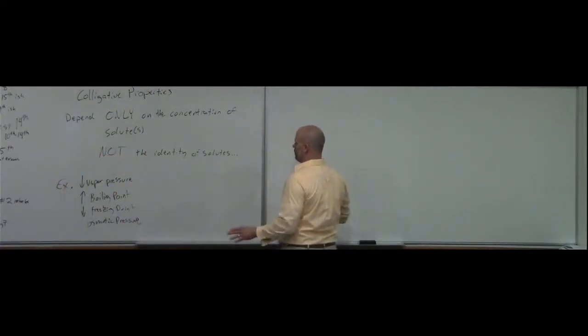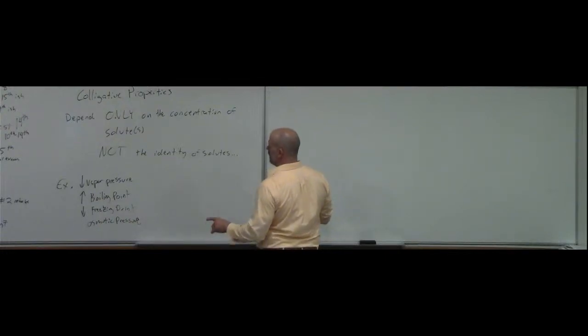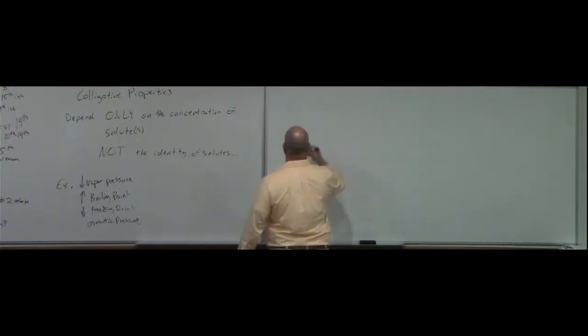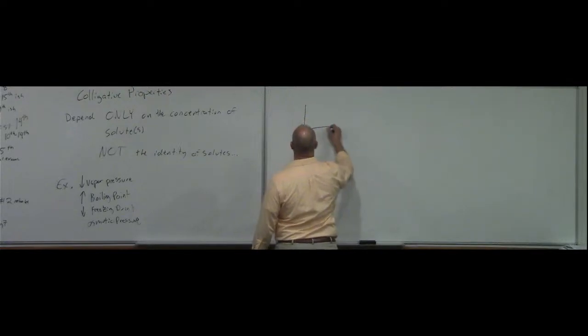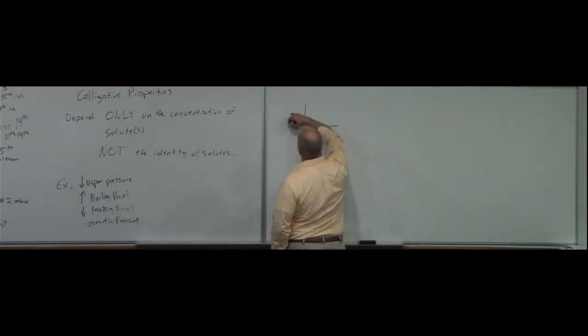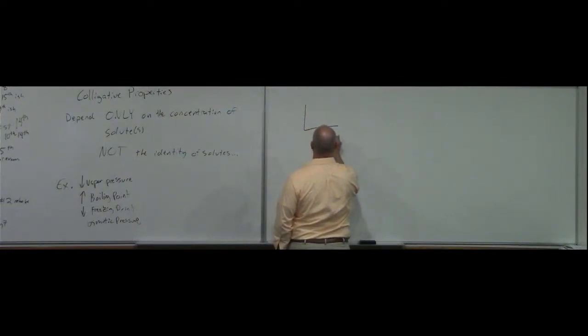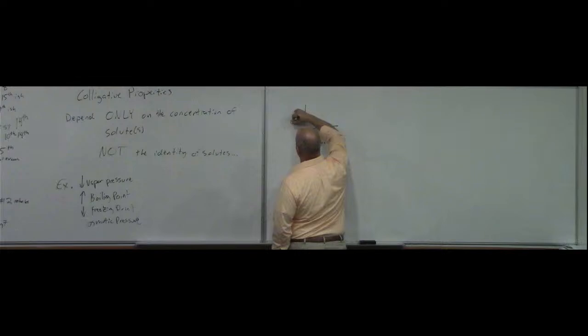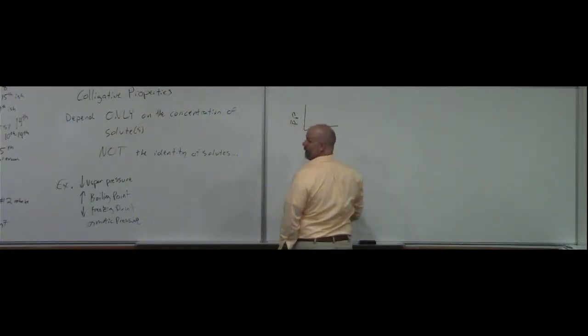Let me give you a couple graphs here. Let's deal with boiling point elevation, okay? So, what we have here is, this is going to be my solute. This is going to be my boiling point, okay?